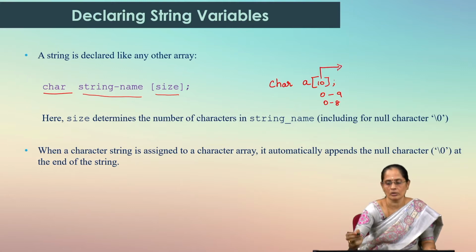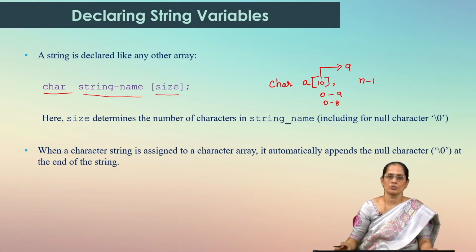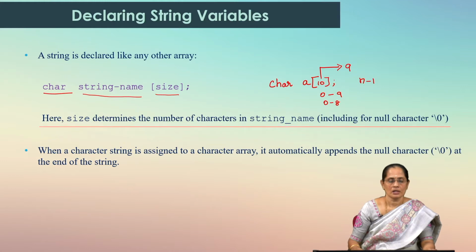It means that for n characters, we can at maximum store n minus 1 characters in a character array. Here, the size determines the number of characters in the string, including the null character.